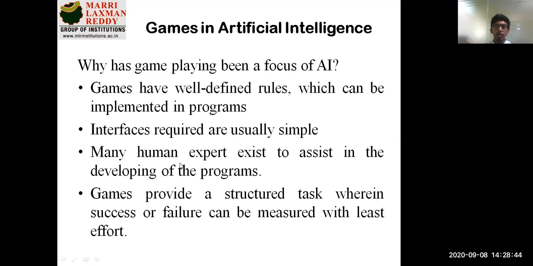It's very simple to understand success or failure with respect to games, and that's the reason most people are focusing on game playing with AI. Everybody is now trying to create more user-friendly interfaces with very simple rules. That's how games have been coming to market very easily.